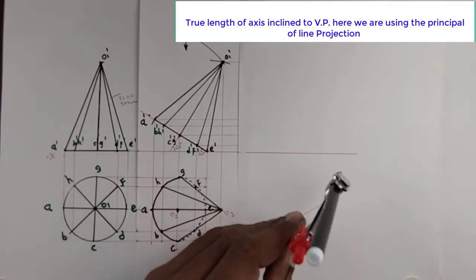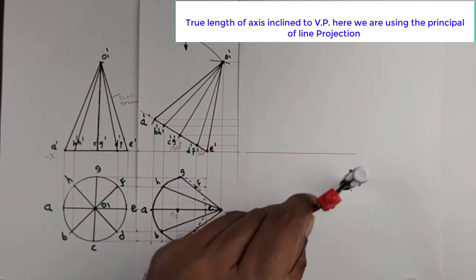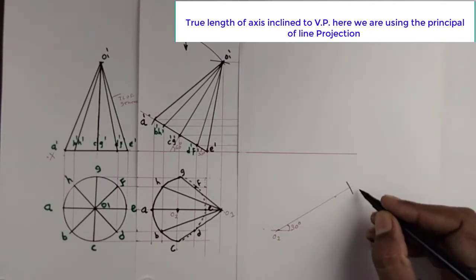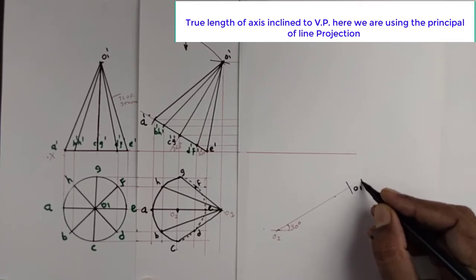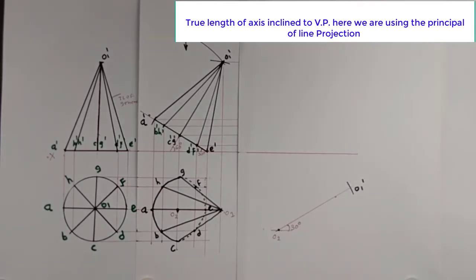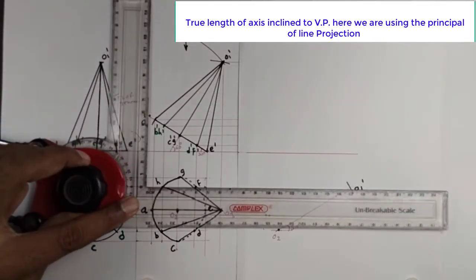O2 dash center, I draw the arc. It is my O1 dash, it is our O2. Now we draw the locus. The locus from O1 dash.